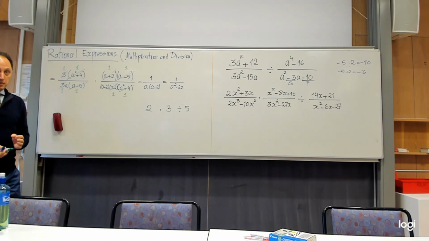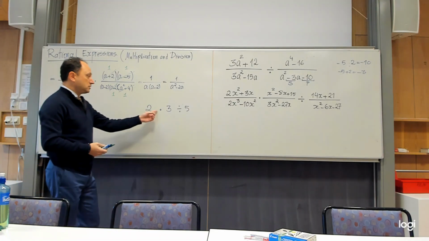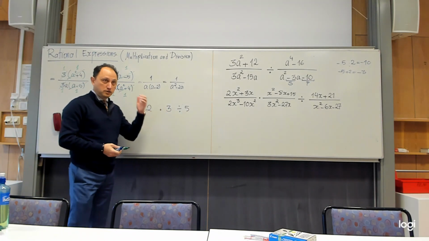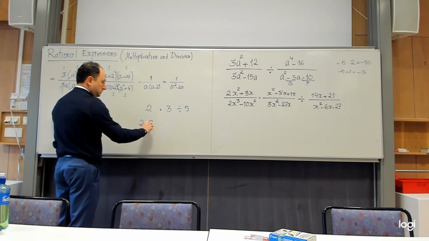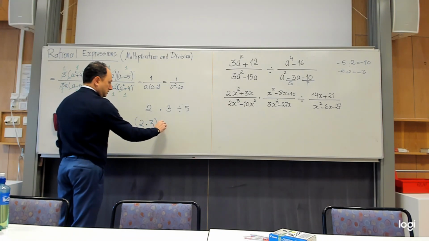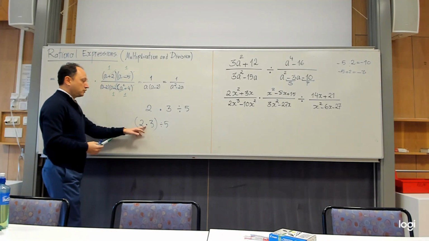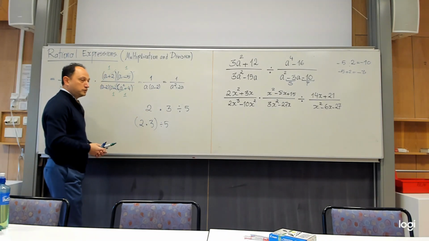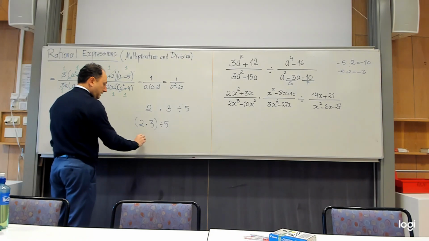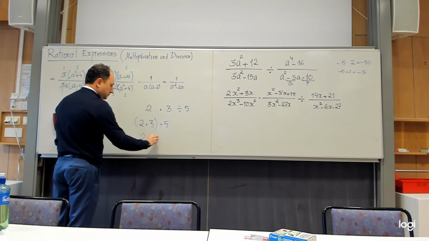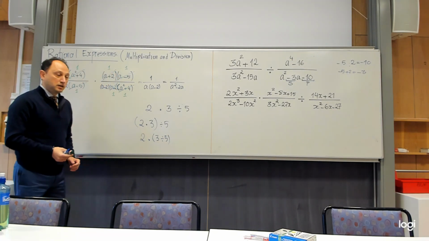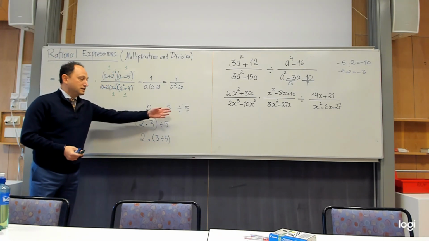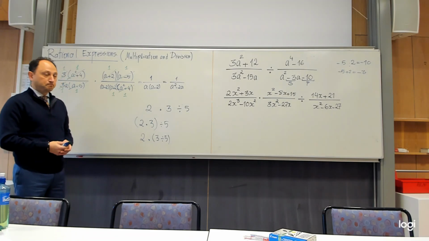It might be ambiguous because how many operations are involved? 2 operations. I can interpret this in this way. It means that I am prioritizing the multiplication over division. Or it could be something like that. Yes? It means that I am prioritizing the division over multiplication.